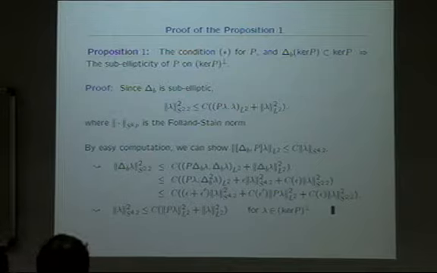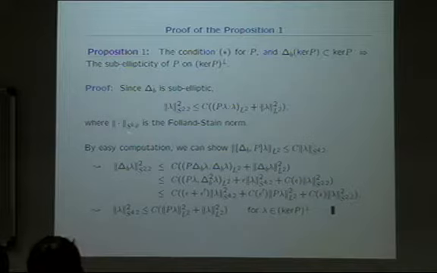This S^{1,p} norm is called the Folland-Stein norm. And this is the CR version of the Sobolev norm. Please check the abstract for the definition of the Folland-Stein norm. And we can get the estimate of the Folland-Stein norm by the inner product of P lambda and lambda.